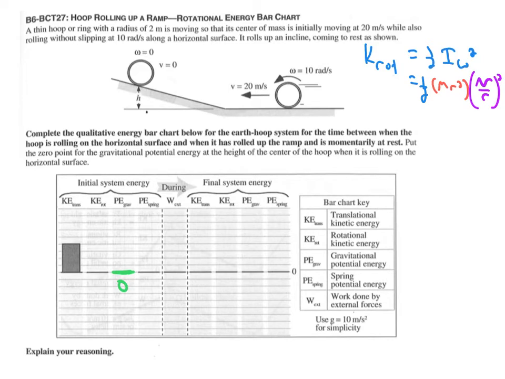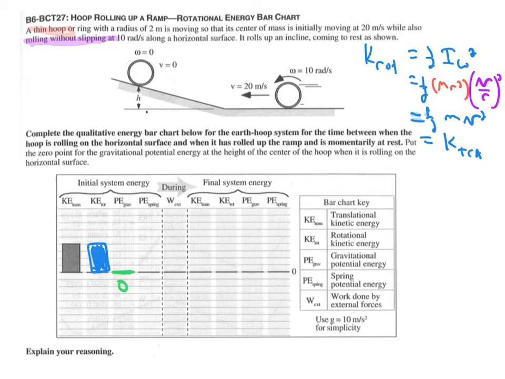So that comes from the rolling without slipping part, and the thin hoop gives us the I. So when we look at all of that together, we get 1/2 m, the r's cancel, and we're left with v squared, which is, interestingly enough, the translational energy. So that says that the kinetic energy of rotation should be exactly as high as the kinetic energy of translation.